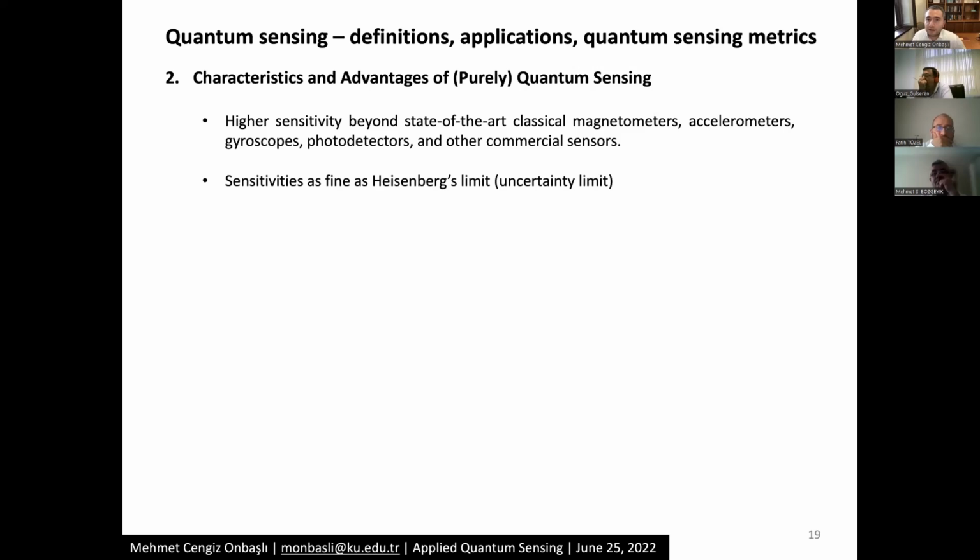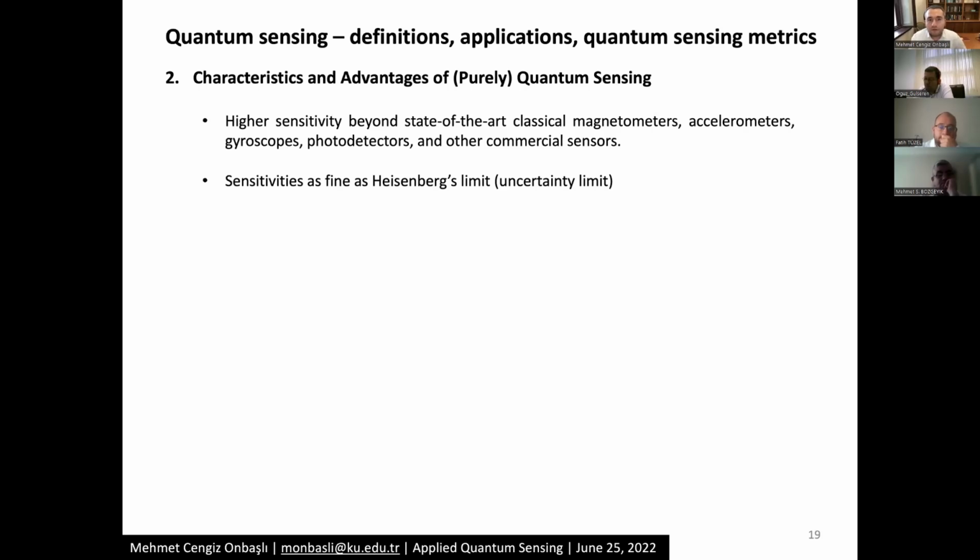For instance, state-of-the-art magnetometers, accelerometers or gyroscopes can be purchased from different companies in packaged electronic chips, but using atomic sensors, you can get extremely finer magnetic field resolution.